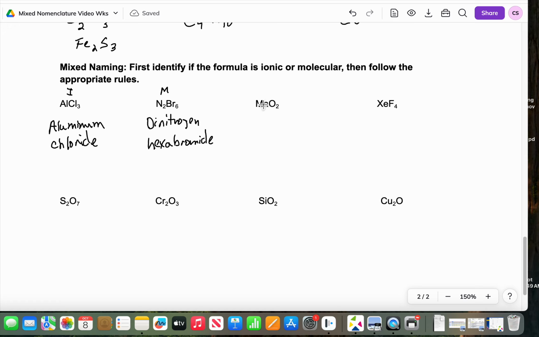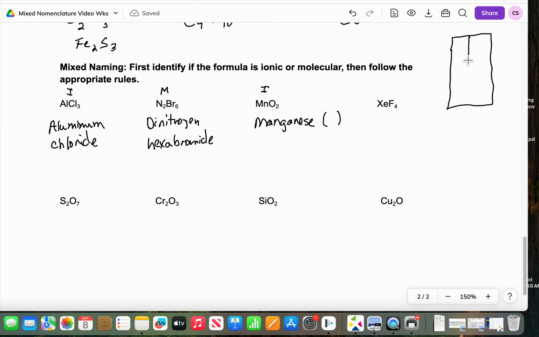MnO2. Mn is a metal, that's ionic, so you're going to have to write manganese. And if you look up manganese, it needs a Roman numeral, so you've got to figure that out. You can use the rectangle method here. I'm just going to do it over here because I'm running out of room.